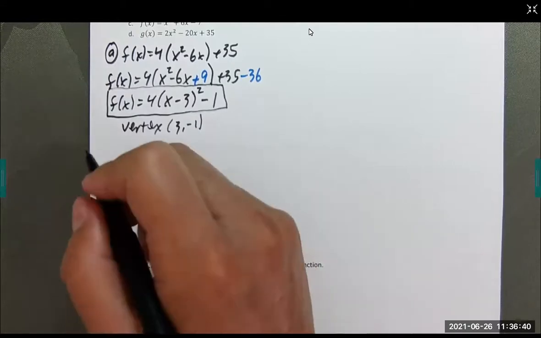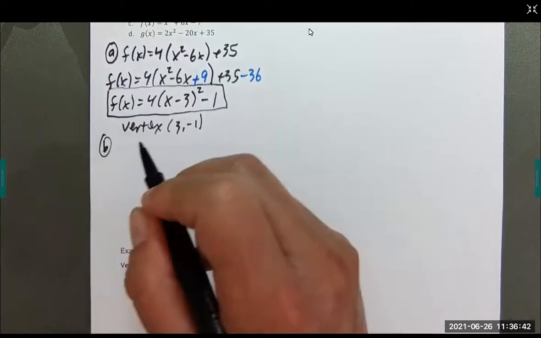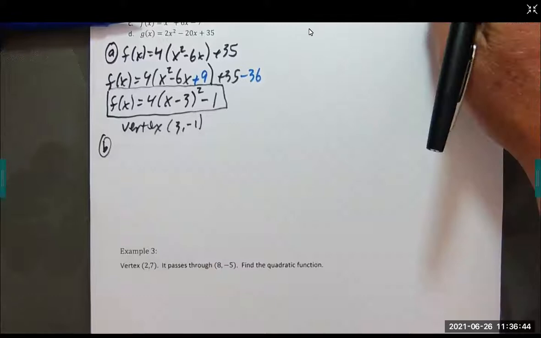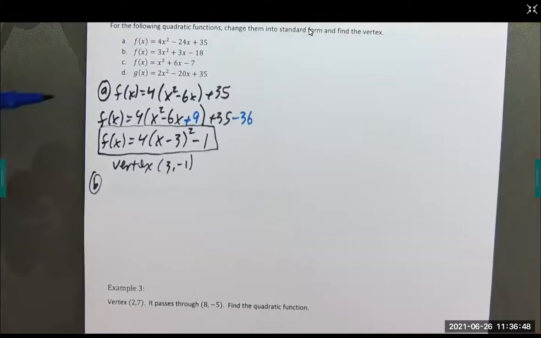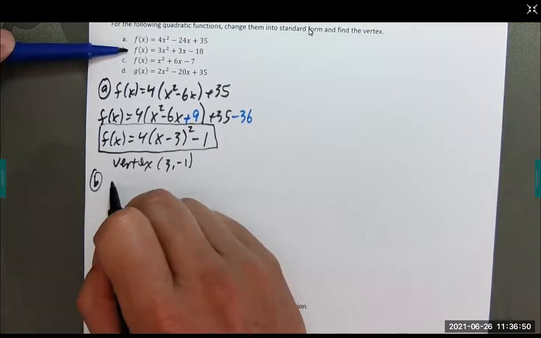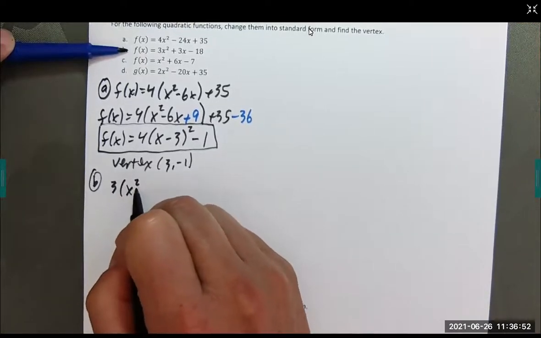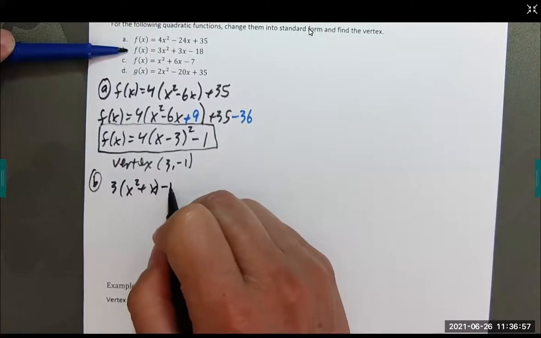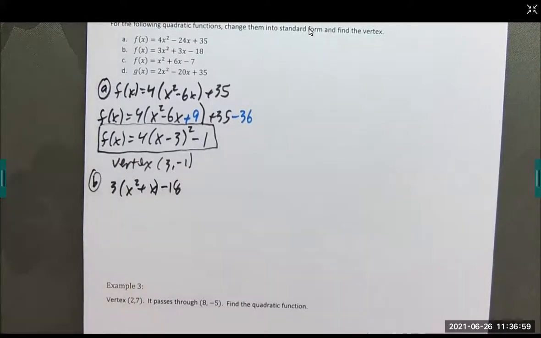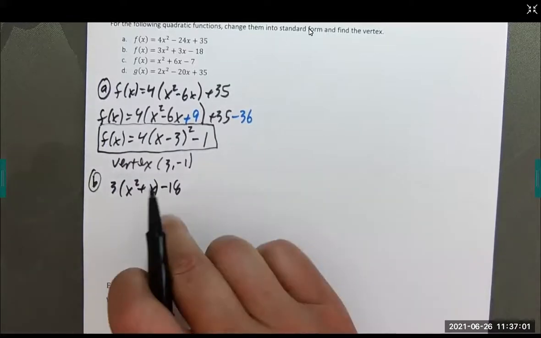All right, let's try part B. I'm going to do something similar to here. So now I'm here. So I'm going to factor the 3 out. So again, this is going to get a little tricky. I'm going to take the 1, cut it in half, and square it.